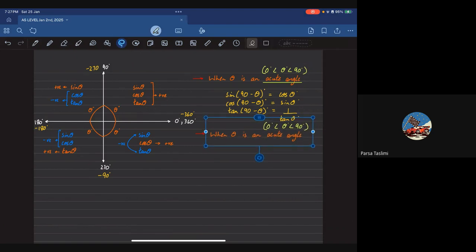And lastly, when theta is an acute angle, but what sort of acute angle are we talking about? We are talking about a negative acute angle.